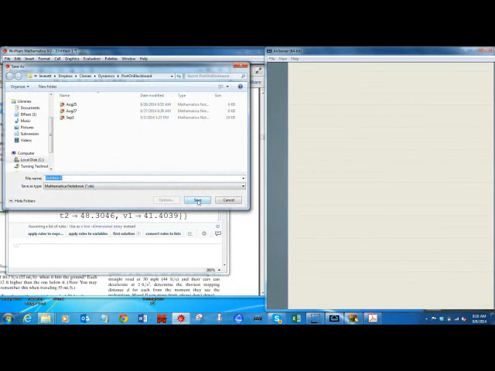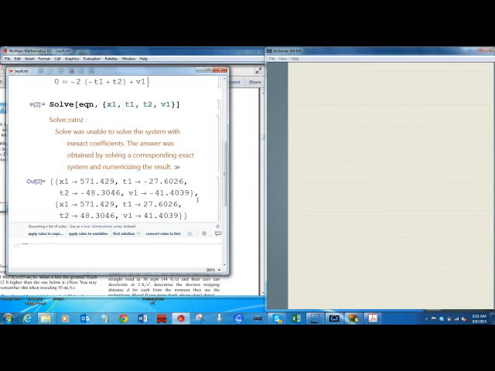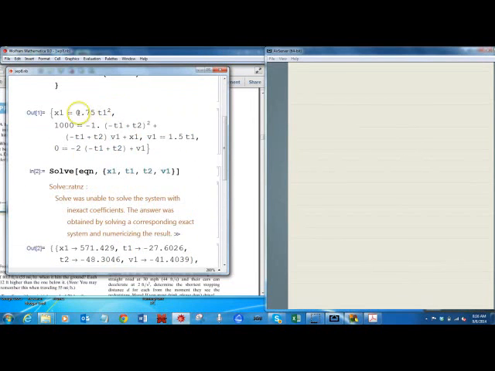Incidentally, if you notice here, it's saying that Solve was unable to do it with the inexact coefficients. Whenever you have a decimal point in any one of those numbers, it will try to do it with inexact arithmetic.